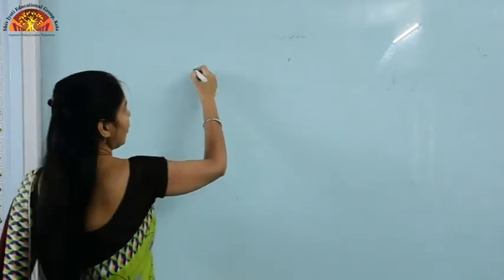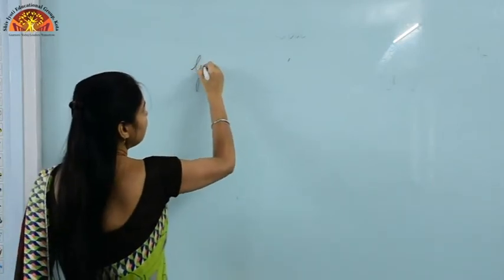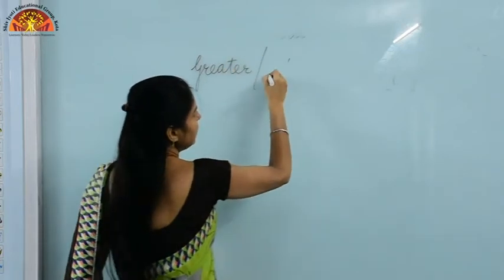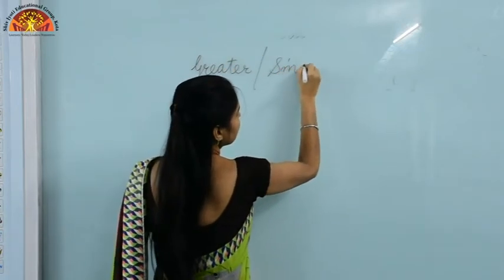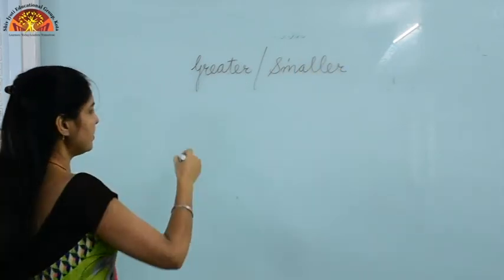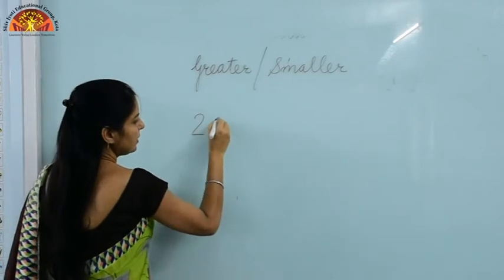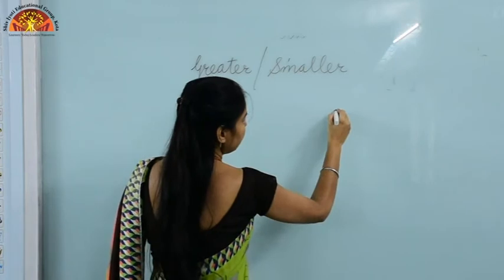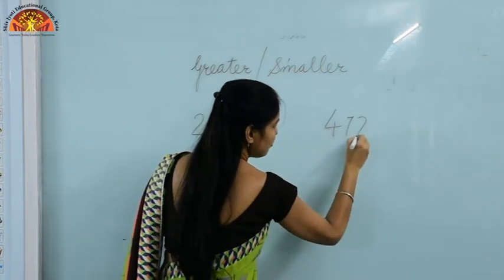Here we will find out which number is greater and which number is smaller. So, what will we see here? Greater number and smaller number. I am writing two numbers here, 235 and 472.